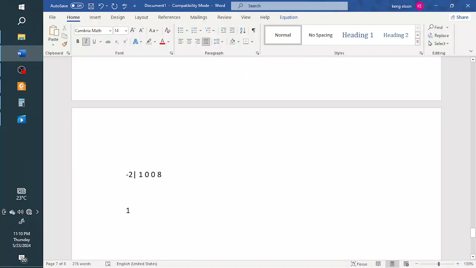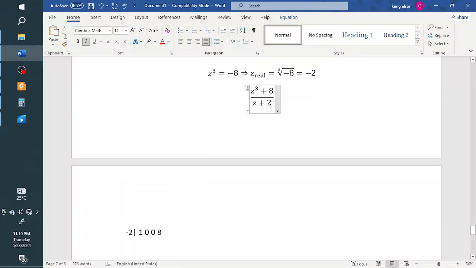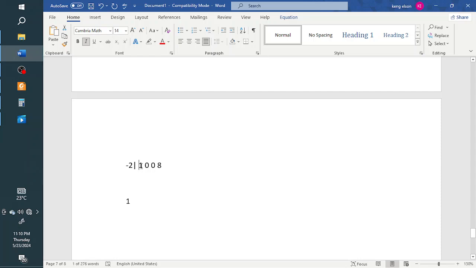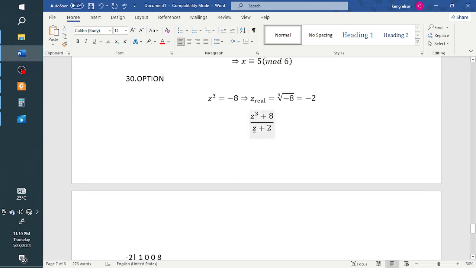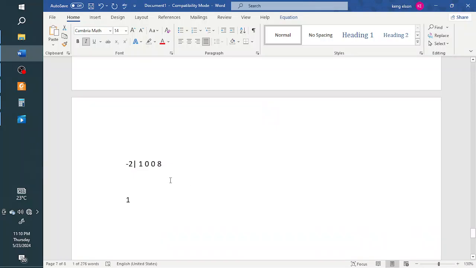Yes, so I'm doing what we call synthetic division, where I write the coefficients of the numerator in decreasing order: the coefficient of z cubed, the coefficient of z squared, the coefficient of z, and the constant. Then I solve the denominator equal to 0, find the root, and place it here. Then I start by dropping down the first guy, then I start multiplying and adding.